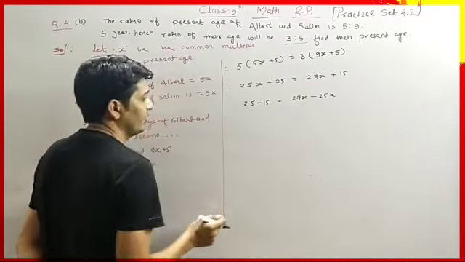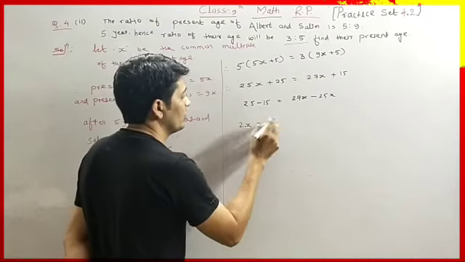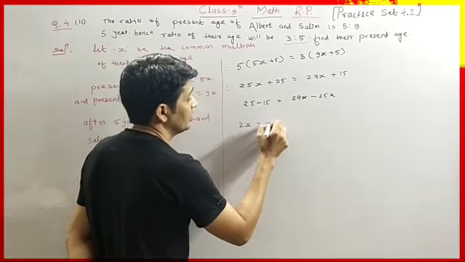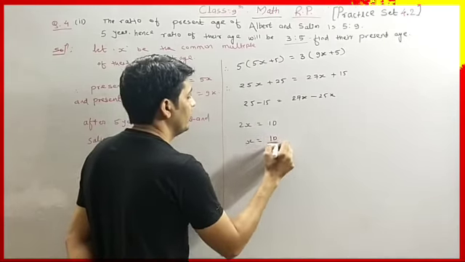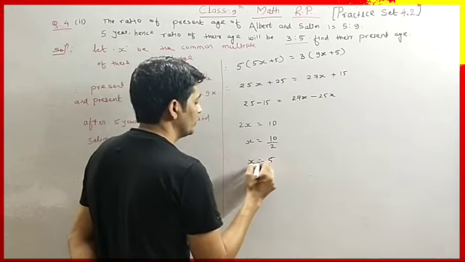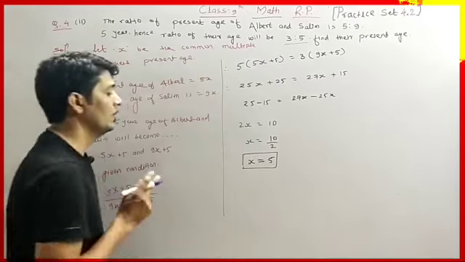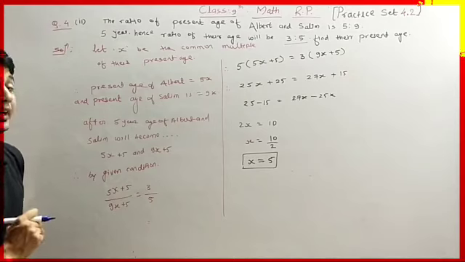So 27x minus 25x is 2x, equals 25 minus 15, which is 10. So x equals 10 divided by 2, so x equals 5. So we got the common multiple of the present ages of Albert and Salim.